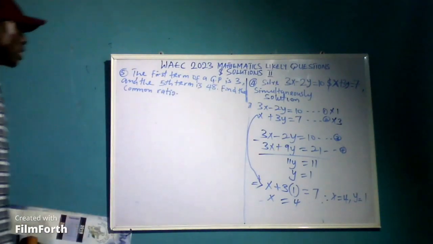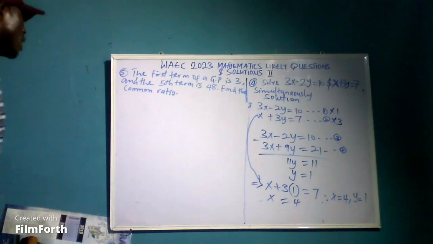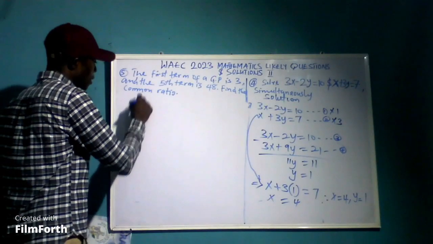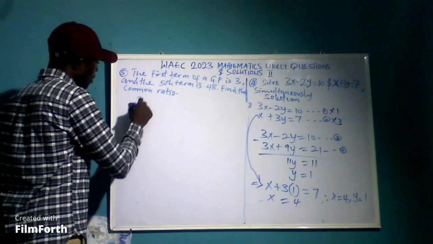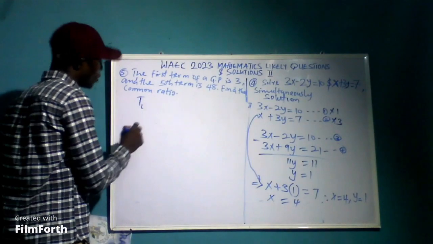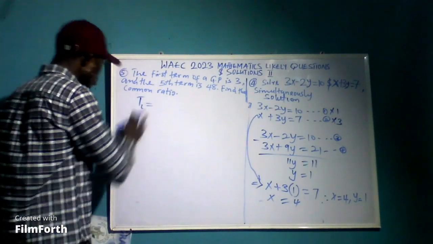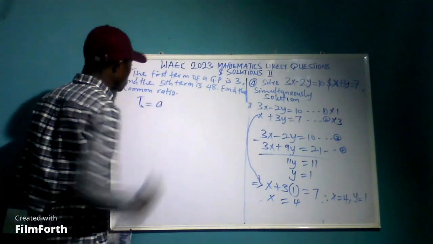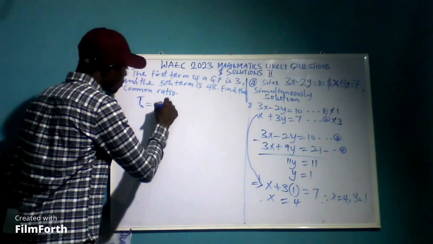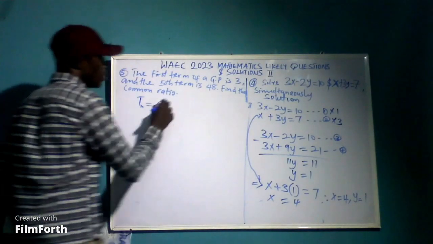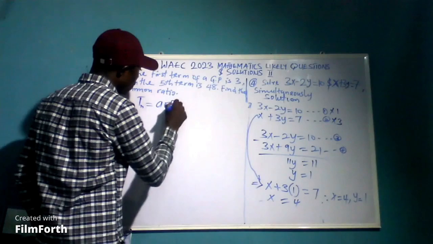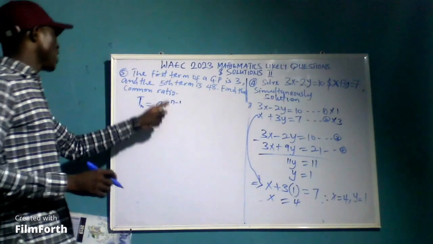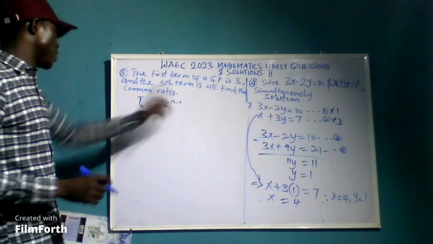Don't forget, the formula for the nth term of a geometric progression is Tn, which is equal to the product of the first term, which is a, and the ratio raised to the power n minus 1. That is, the first term times the ratio raised to the power of the number of terms minus 1.